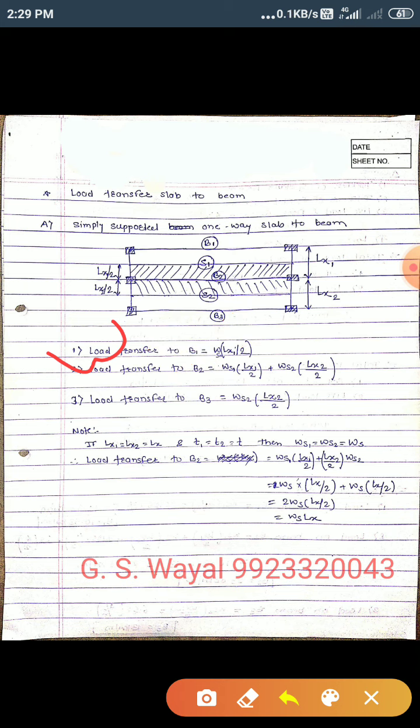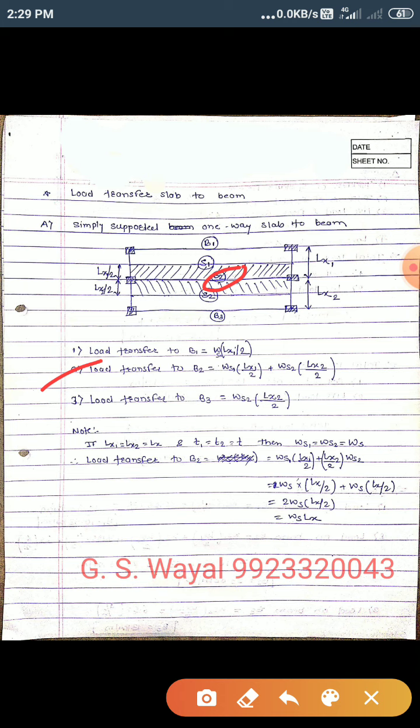Now if we consider the B2 beam, this B2 beam is connected to the two slabs S1 and S2. Both slabs are one way, so the B2 beam is subjected to a load from S1 as well as from the S2 slab.